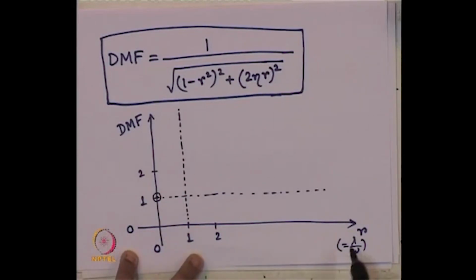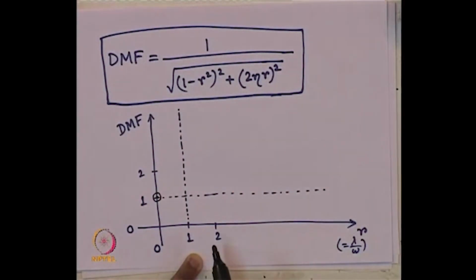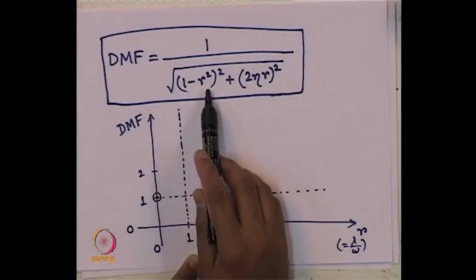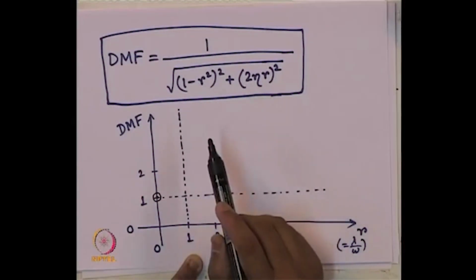Now, let us look at r equals 1 and an undamped system, that is eta equals 0. What should be the value of DMF? R is 1, we put it in, it becomes 0, eta is also 0.